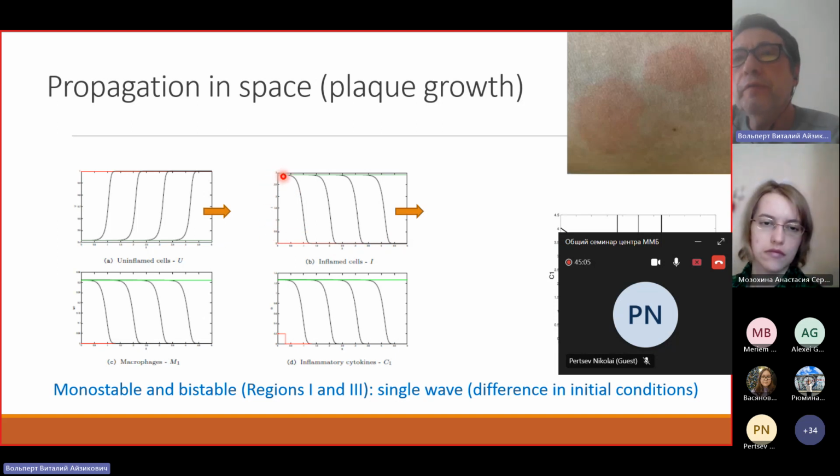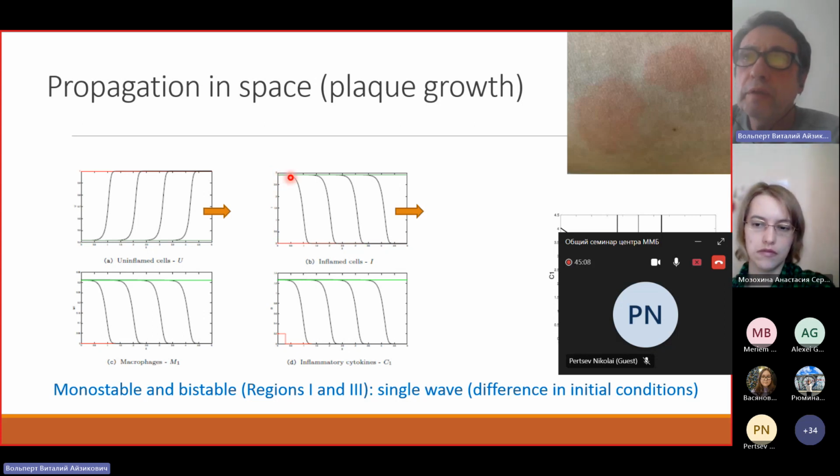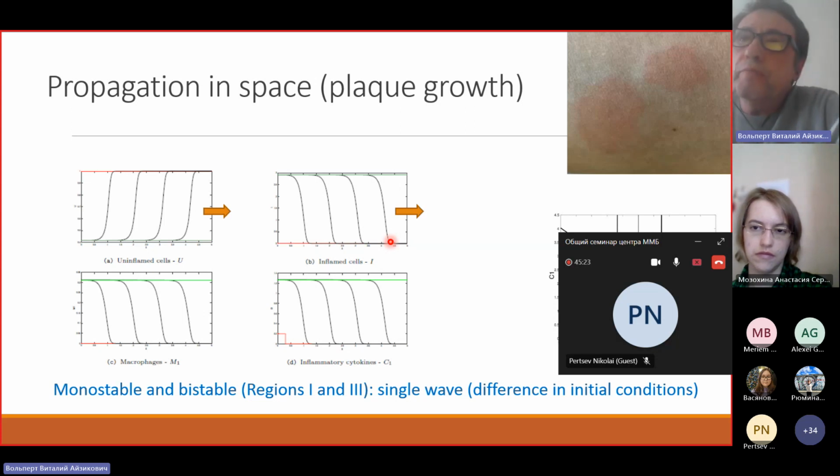If we fix one moment of time, it will be this distribution shown by this curve. In the next moment of time, it will be the next curve. So mathematically speaking, this is what is called reaction diffusion waves, or traveling wave solutions of parabolic equations. But in applications, this means that the size of this spot grows in time.